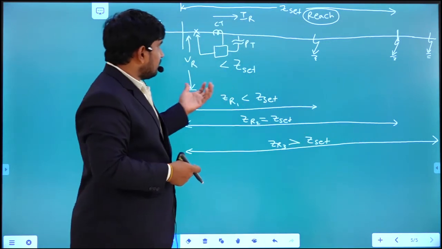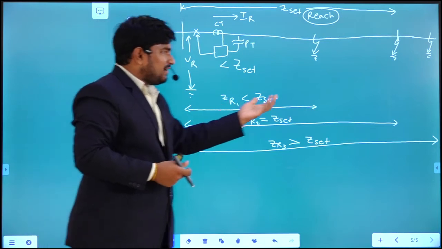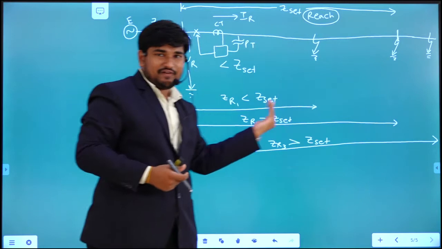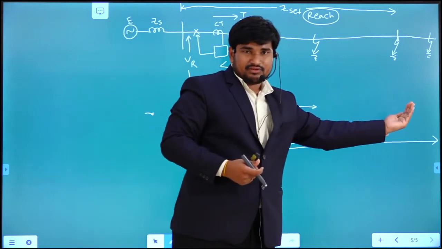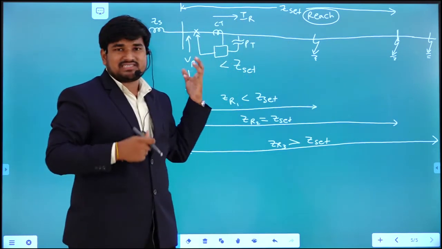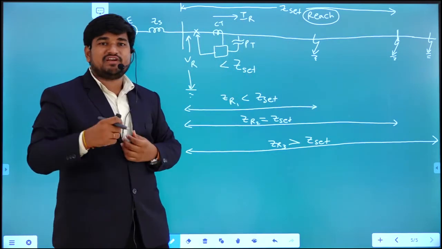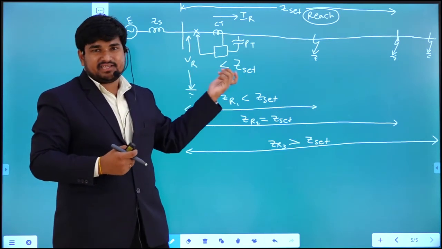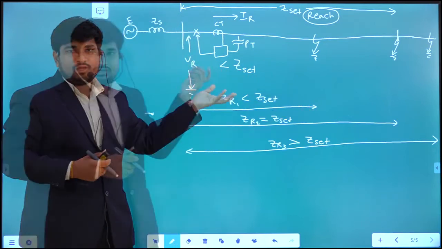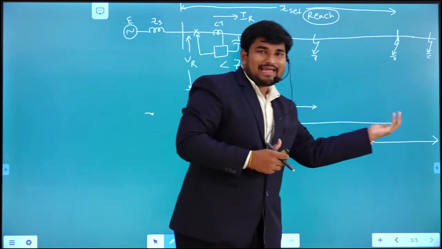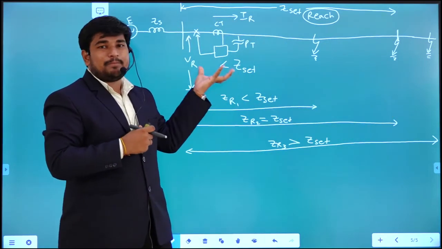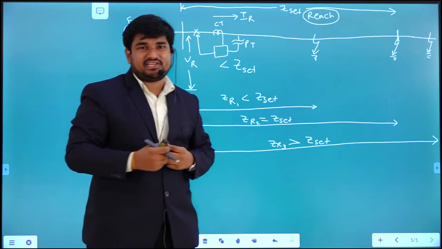Now, if the fault happens within the reach, the relay will sense that fault and it will trip instantaneously. It will give a trip signal instantaneously, so there is no time delay. Whenever the fault occurs within this reach, the impedance relay will provide a trip signal instantaneously.